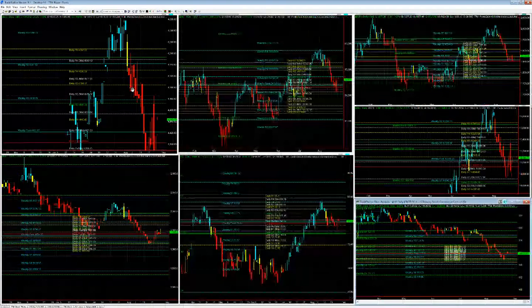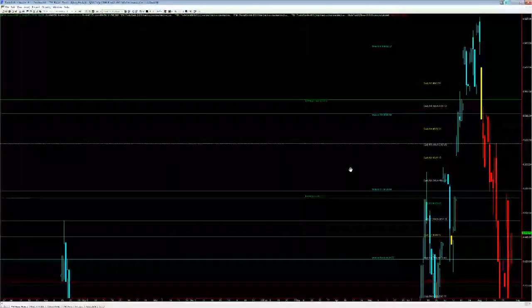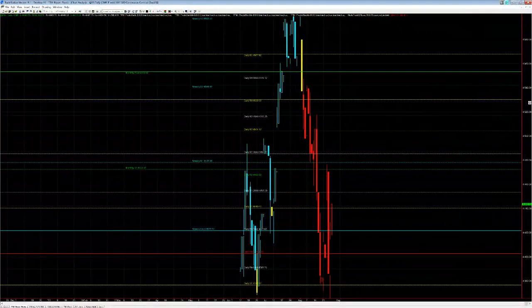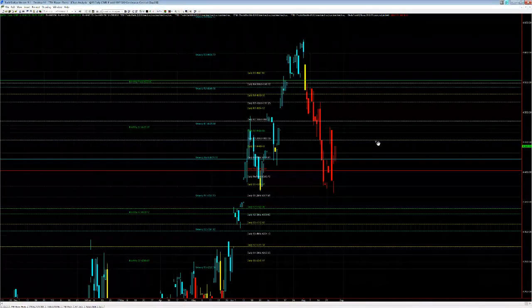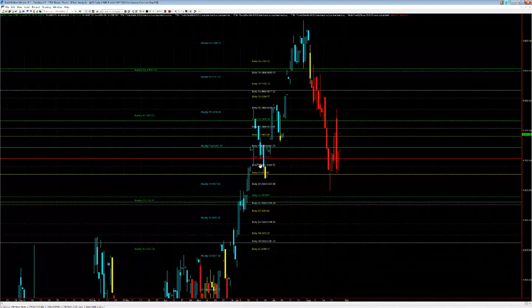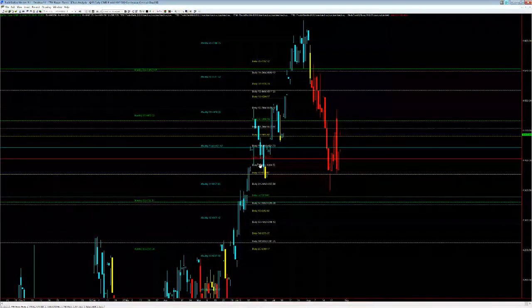Like here is another chart with pivot points for the S&Ps that are laid out in advance for me with daily, weekly, and monthly pivot points.